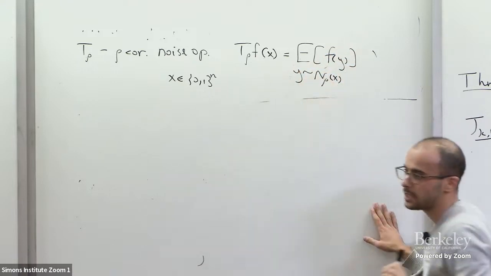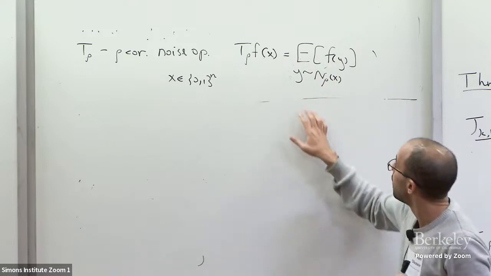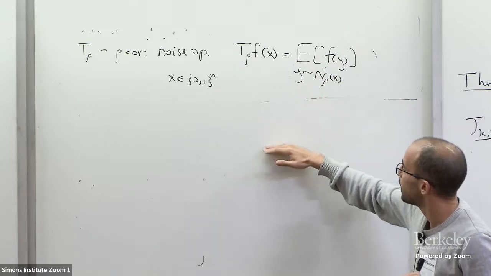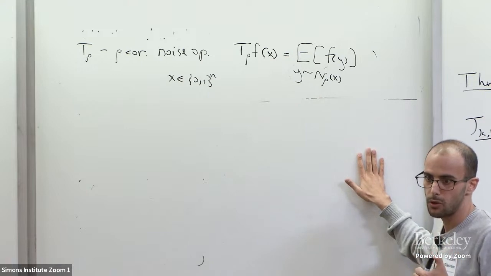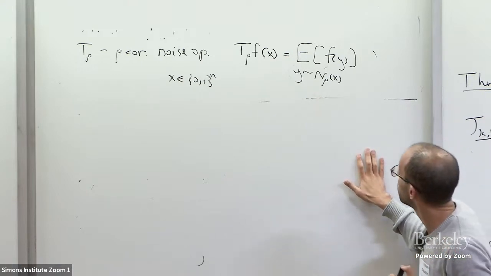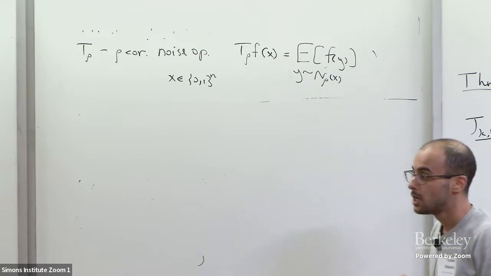And when I say rho-correlated, the randomness is by taking x and, for every coordinate, flipping a coin: with probability rho we keep the value of x, with probability 1 minus rho we re-randomize. So this is the expectation here.